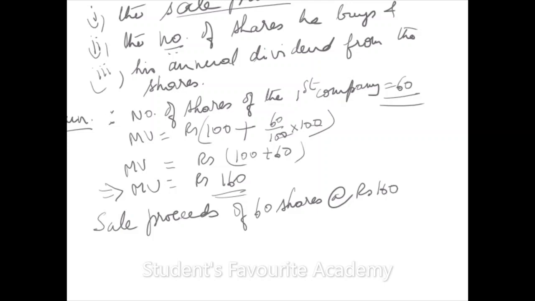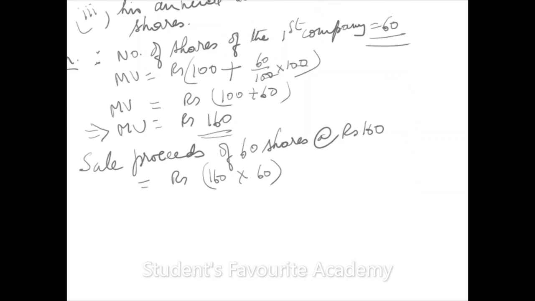So at the rate of rupees 160 will be rupees 160 into 60, right? So that is equal to 0, 6 0 0, 6 6 are 36, 3 carried over, 6 1s are 6 and 3, 9. So 9,600 is the sale proceeds that he got.